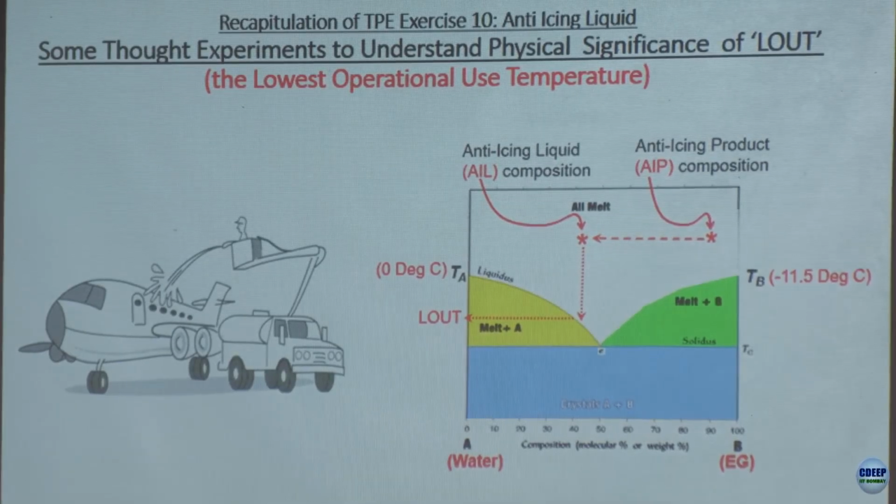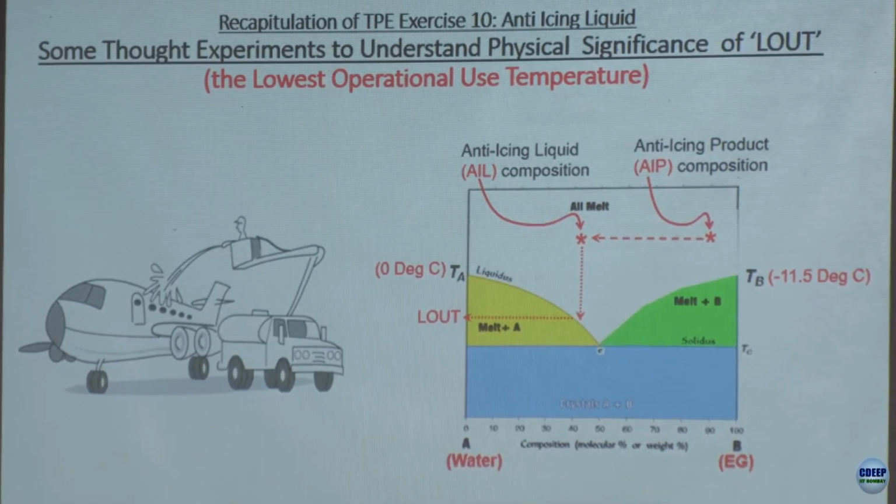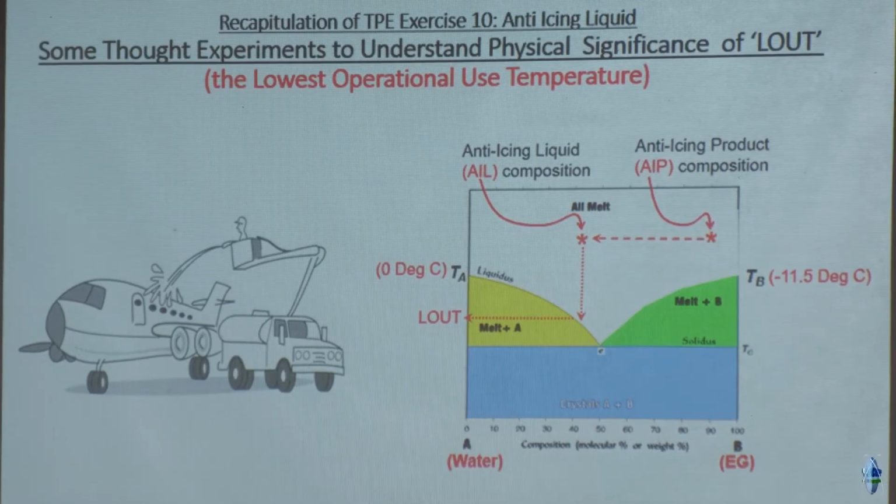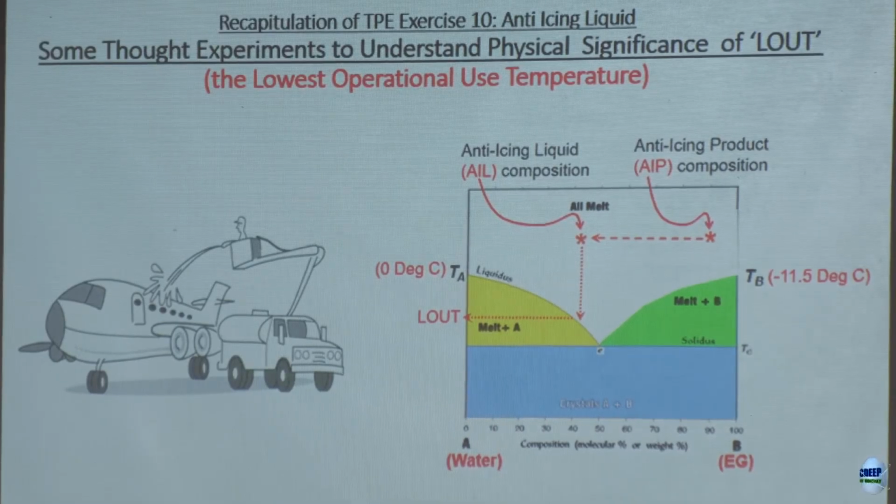Now, the mixture which is formed between the ice and the anti-icing liquid has to be at a very low viscosity. But we cannot really supply the anti-icing liquid at a very low concentration, because then the packaging cost becomes very high, and therefore usually the anti-icing products are concentrated.